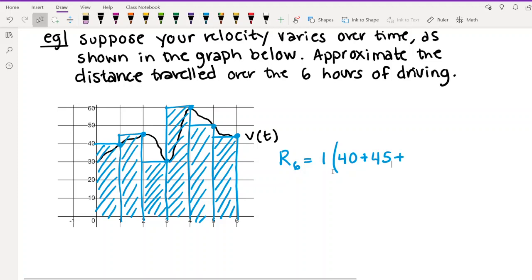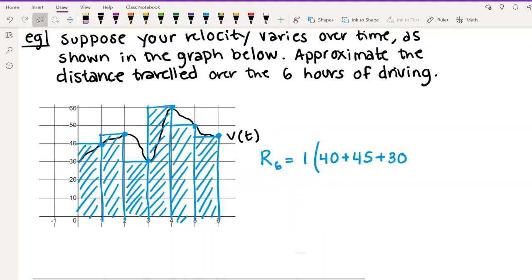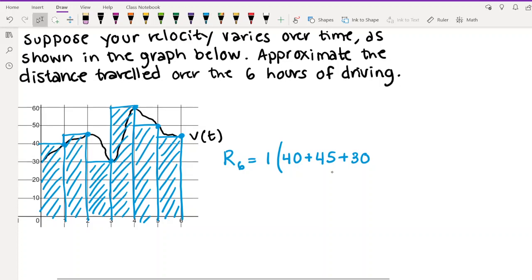We have 30 as the third height. We have 60 as the fourth height. We have 50 as the fifth height, and then we have 45 as the sixth height.